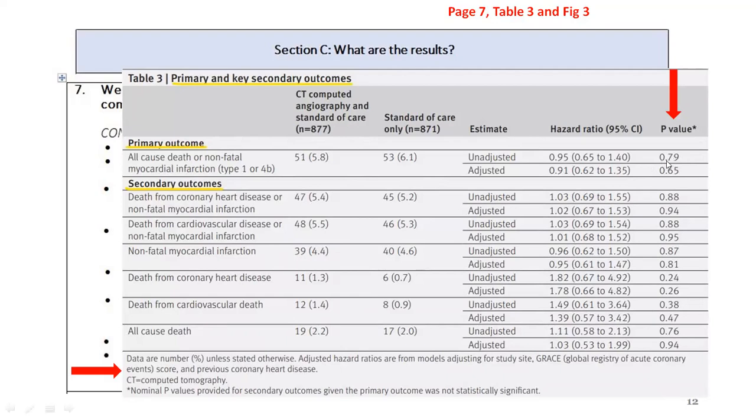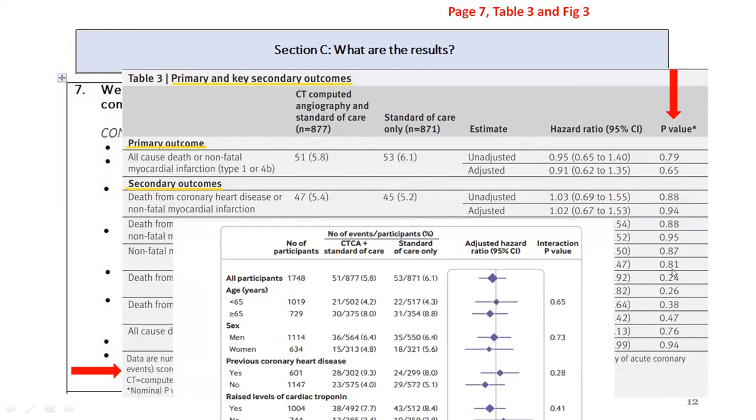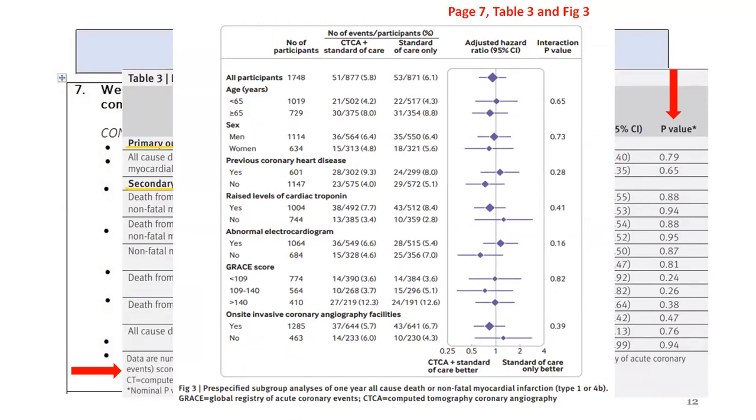So the p-value is a bit higher than 0.05. We'll discuss later whether this is significant or non-significant. They have expressed a p-value for each and every primary and secondary outcome. And this is figure 3.